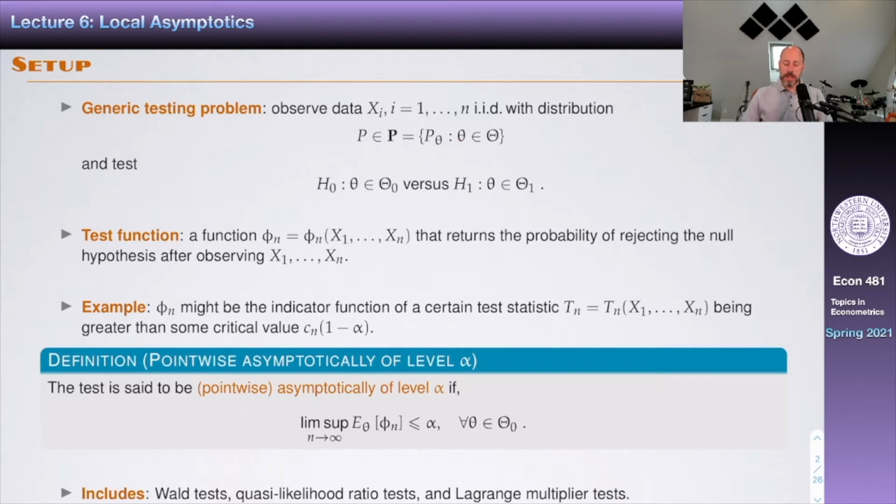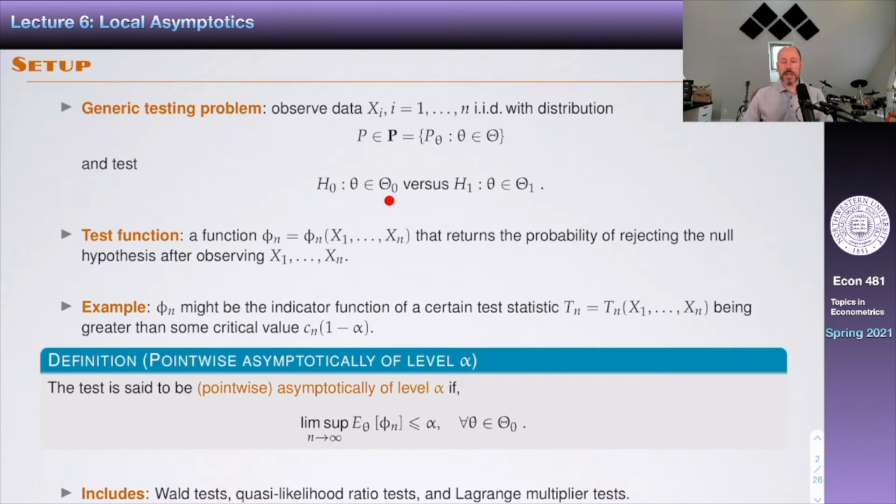And so then we want to test whether theta belongs to some subset of its parameter space that I'm going to denote by capital Theta 0, versus the alternative that theta belongs to capital Theta 1. In principle, Theta 0 and Theta 1 should form a partition of the parameter space Theta.